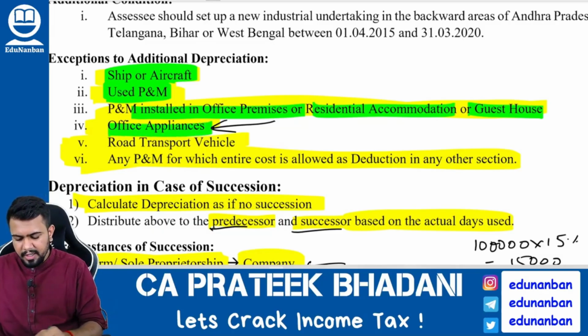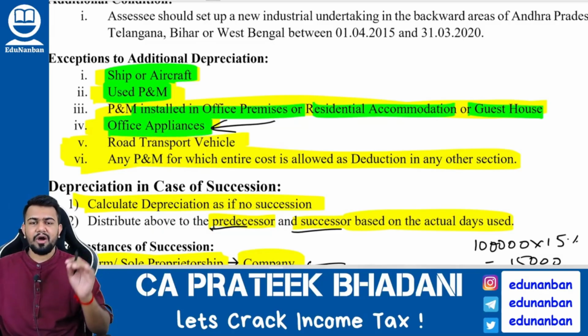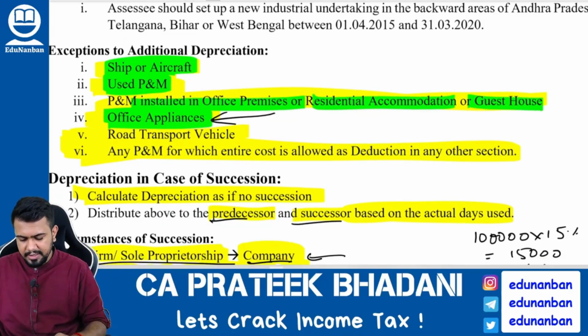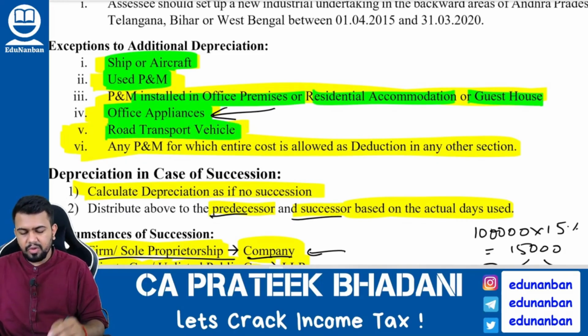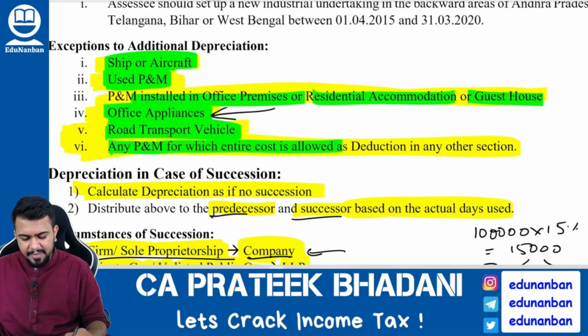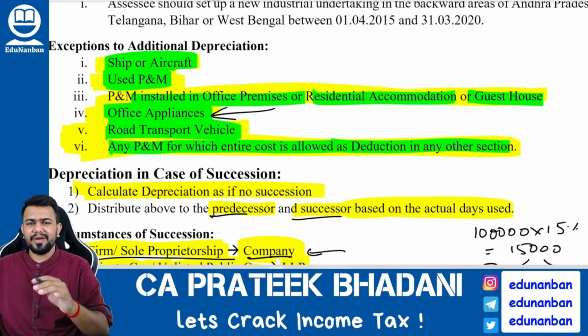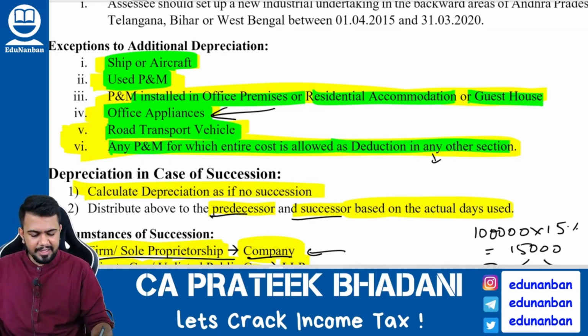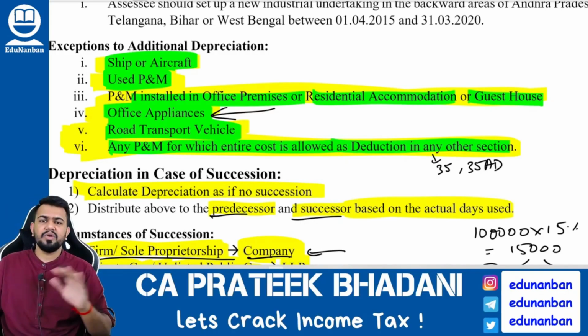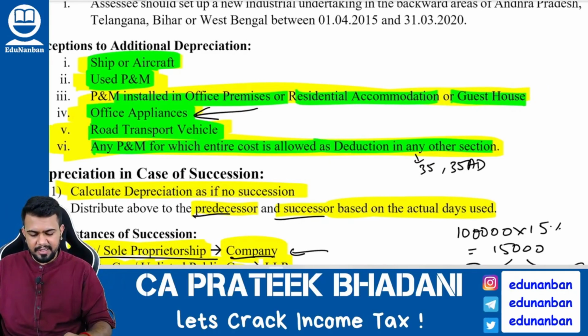Number four, no additional depreciation for office appliances. Next, no additional depreciation for road transport vehicles. And last but not the least, for any plant and machinery for which the entire cost is already allowed as a deduction, for example under section 35 or 35AD, in such a case there is no additional depreciation for such plant and machinery.